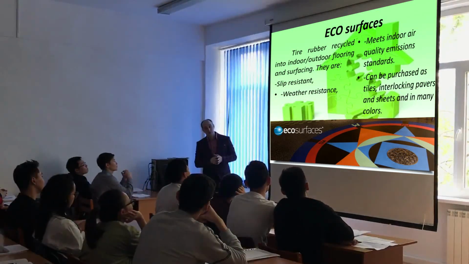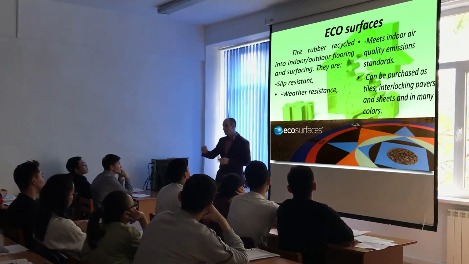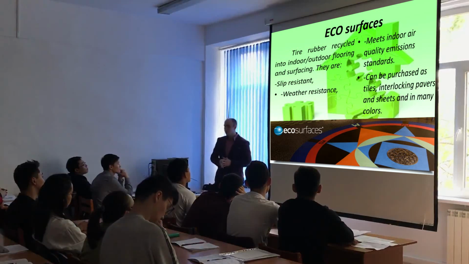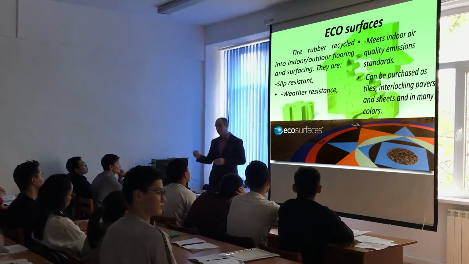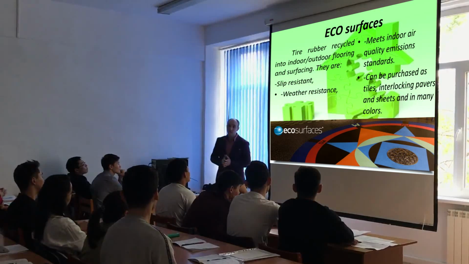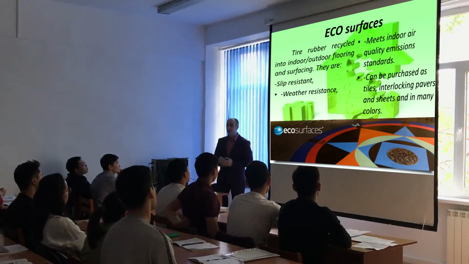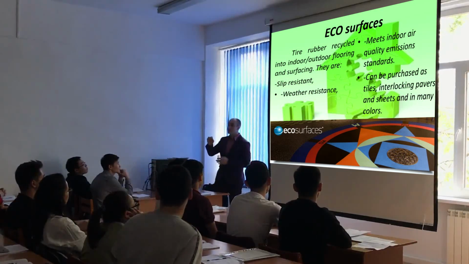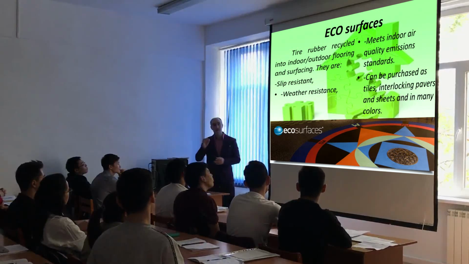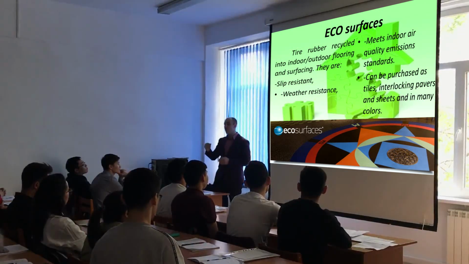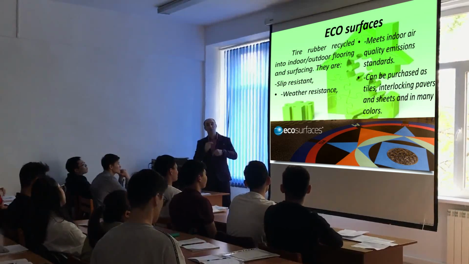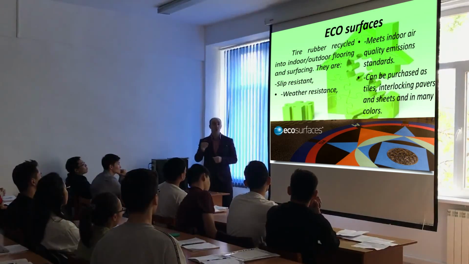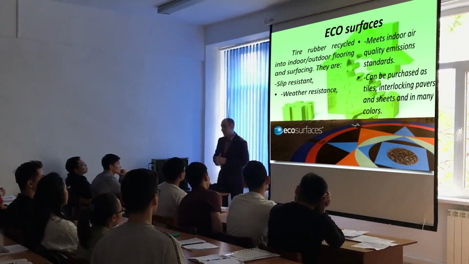Also, the last type, maybe an achievement in finishing materials, eco-surface. It can be produced from recycled rubber. As you know, nowadays the number of vehicles, machinery and automobiles has increased, and so increasing automobiles means we use more and more rubber. If we reuse this rubber in construction for construction purposes, we can create something like this.